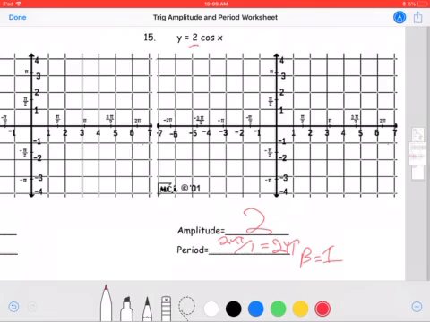So after 2 pi, this is going to complete one full cycle. So after pi, it's going to go back down. Let's mark up this 2, this starting 0. This x-axis is kind of wonky. Nope, blooper, because this is supposed to be cosine of x.